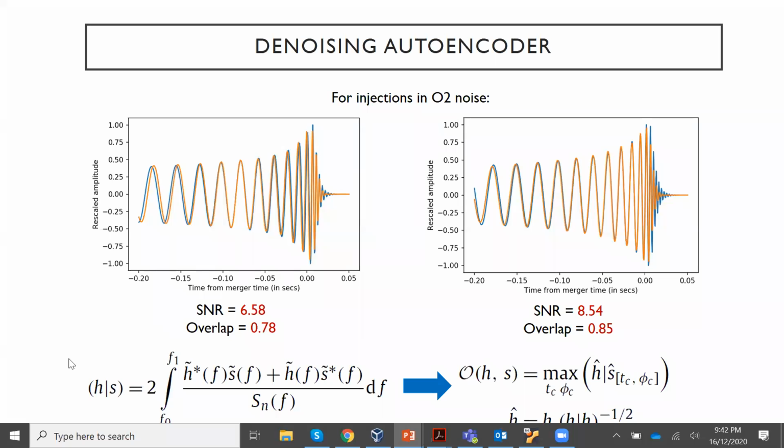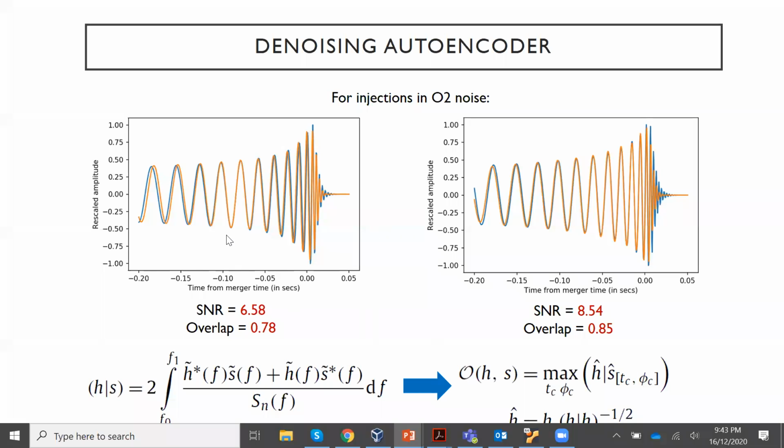This is calculated using the inner product between the reconstructed waveform and the pure waveform, weighted by the power spectral density, and basically the time and phase corresponding to the maximum value of the overlap, which is the maximized overlap, is what we calculate here.